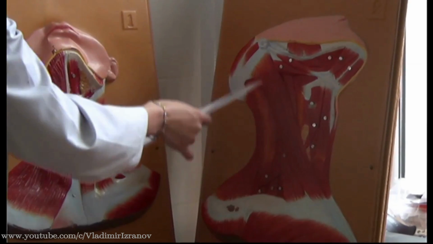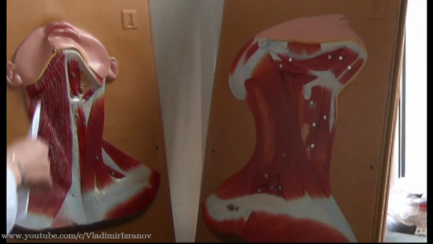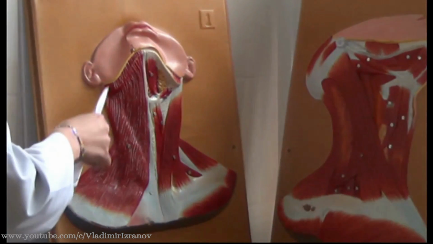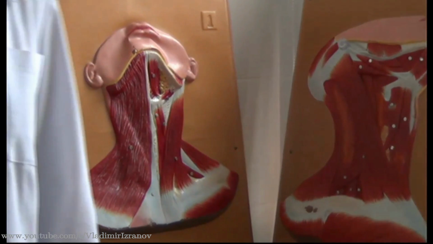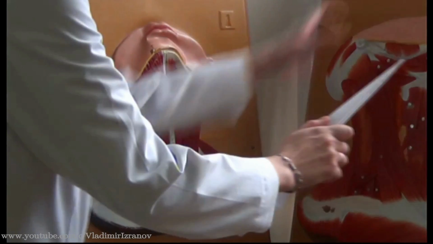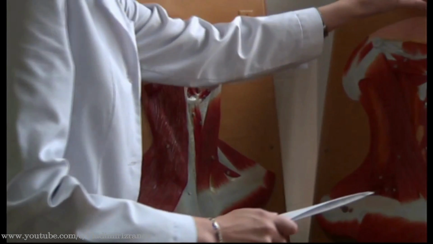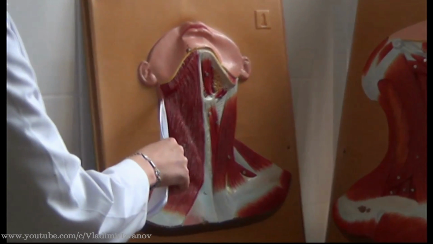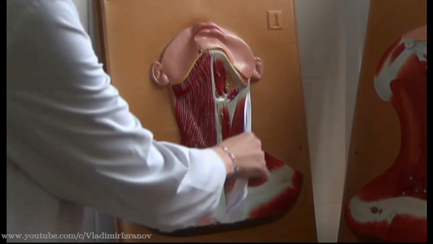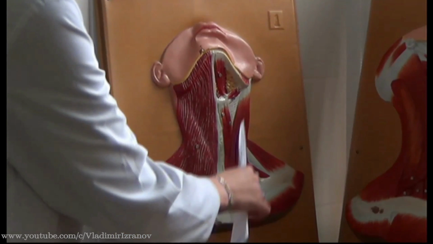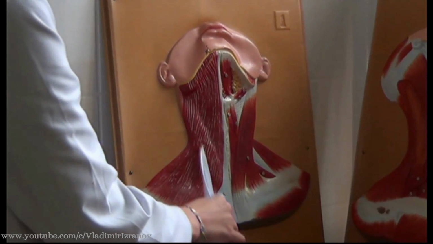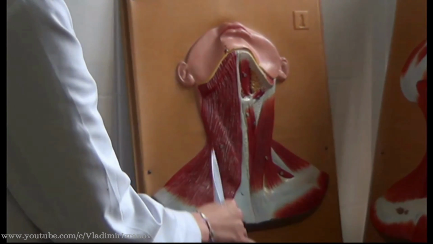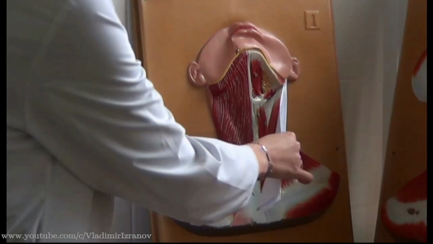Sternocleidomastoideus and musculus platysma again. You can see that musculus sternocleidomastoideus can be seen on that planchette also, because it makes a relief on the surface of the neck. This is musculus sternocleidomastoideus.